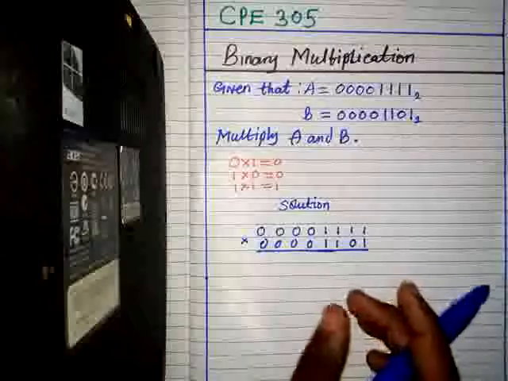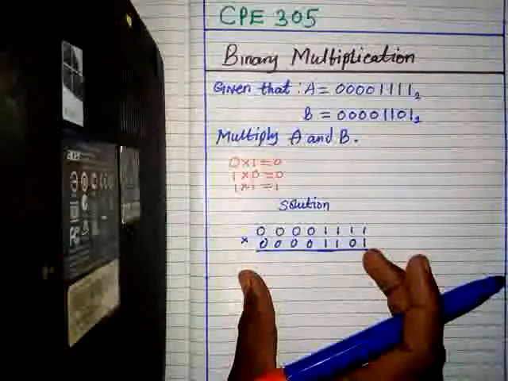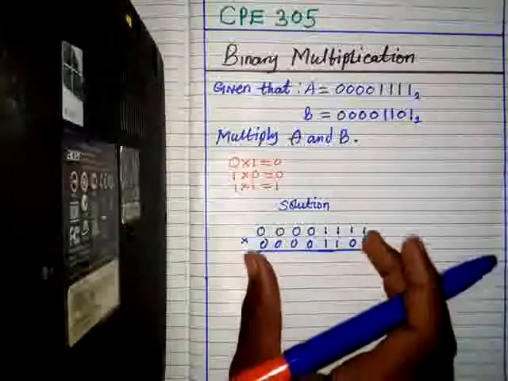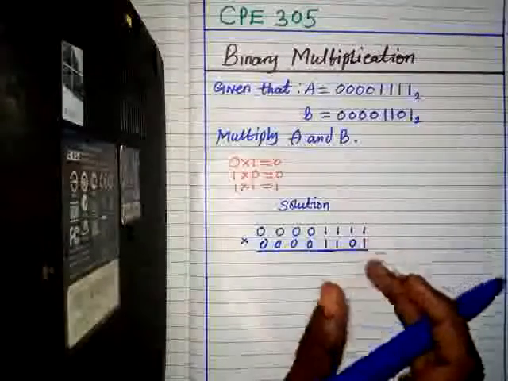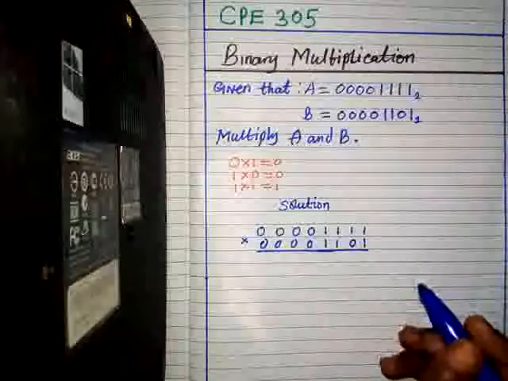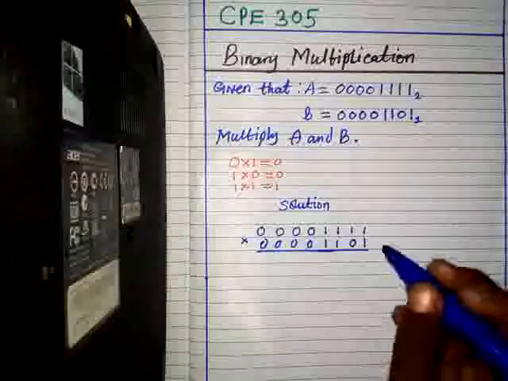We use the partial addition after making the multiplication between these two numbers. Let's go and see what will be yielded.